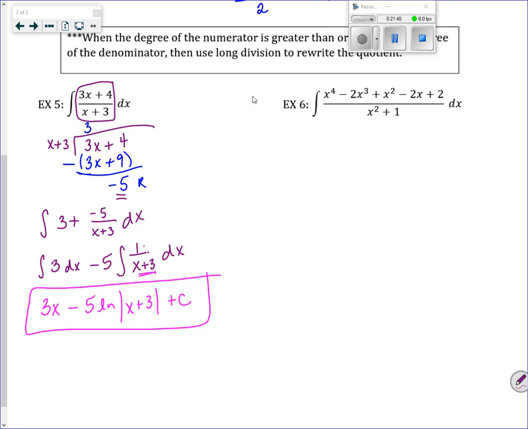With this one, you're like, okay, x squared plus 1. Oh my goodness, into this big old long thing here. Let's see if we can do it. Here we go. What do I need to multiply x by to give me x to the 4th? That would be x squared. Then you multiply.